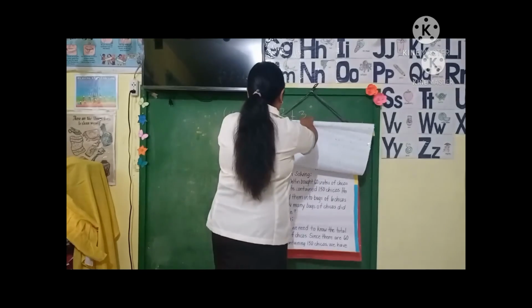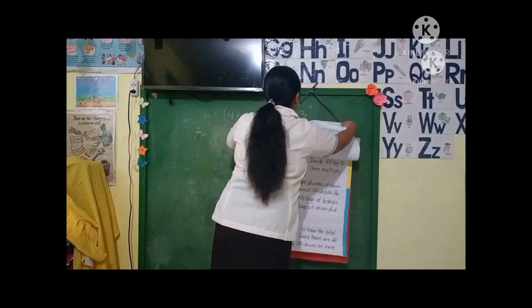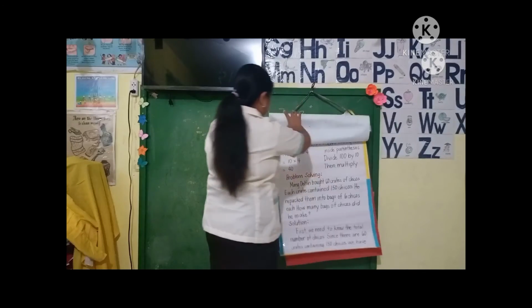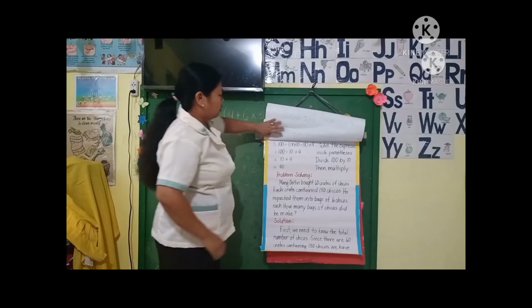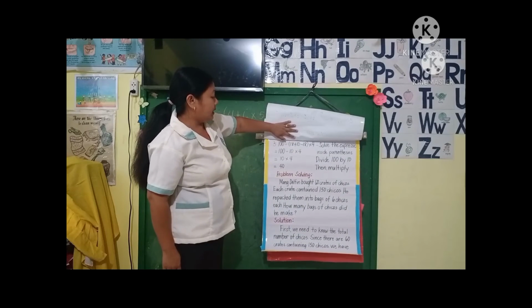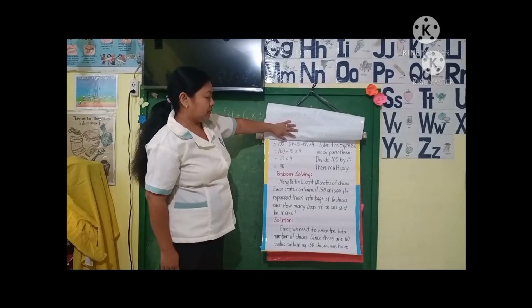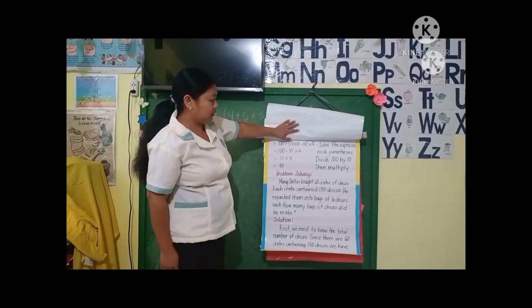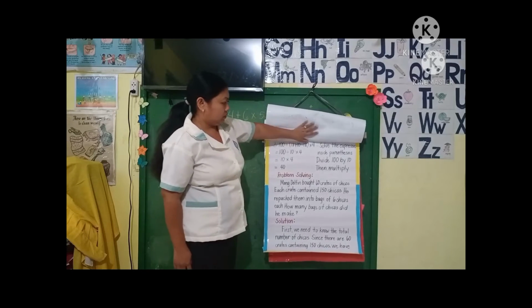So, the next example is 100 divided by (18 plus 10) minus 18 times 4.